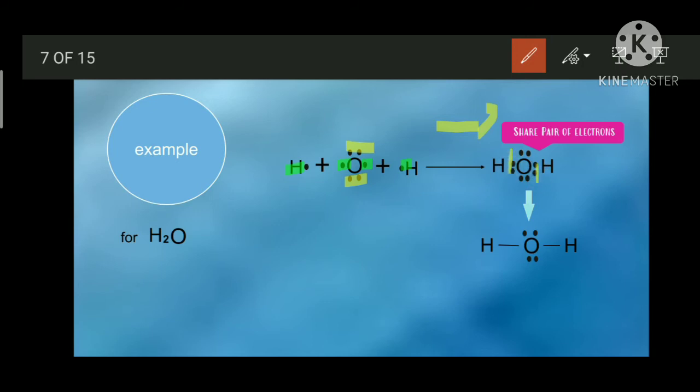One from hydrogen will share with one from oxygen, and the same for this, and form one straight line and one straight line. This is a single bond. It will be related to double covalent bond and triple covalent bond.